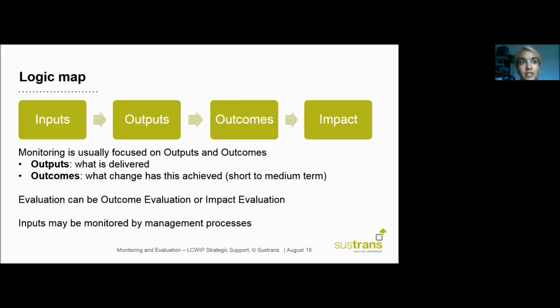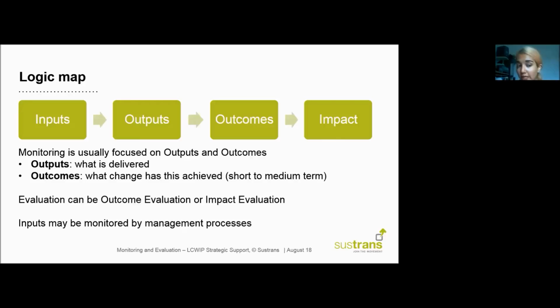They involve technical considerations such as the counterfactual for your project, so they can be more technically difficult to implement. So generally, when you're considering a program or project, your evaluation will be focused on outcomes, the directly observable change as a result of what has been delivered.